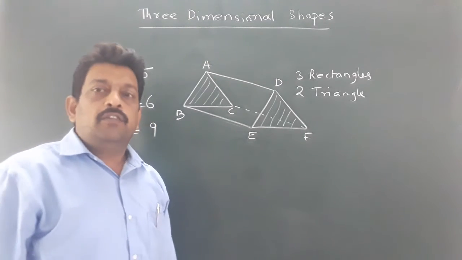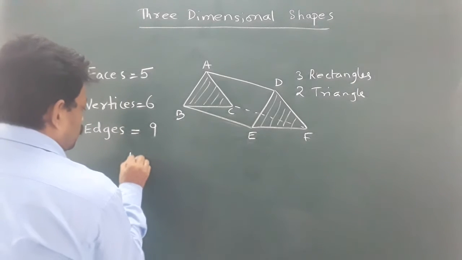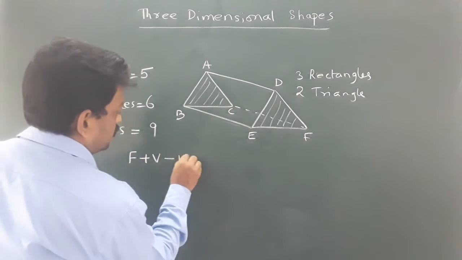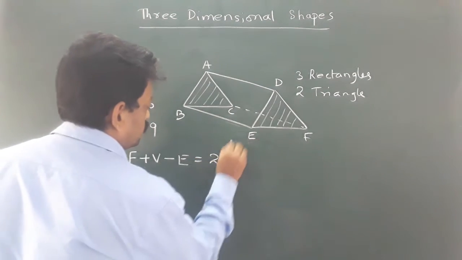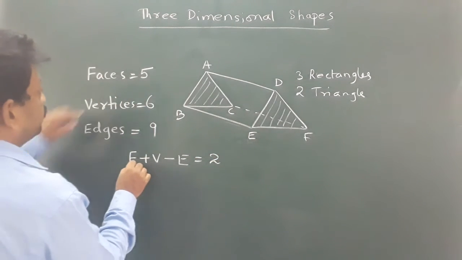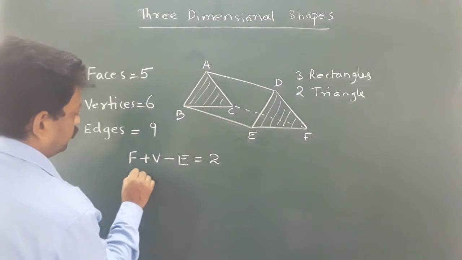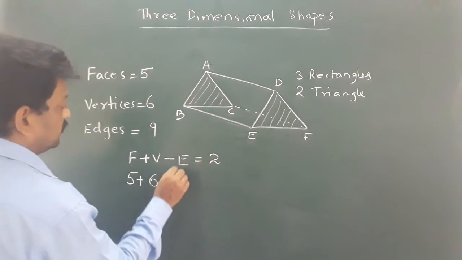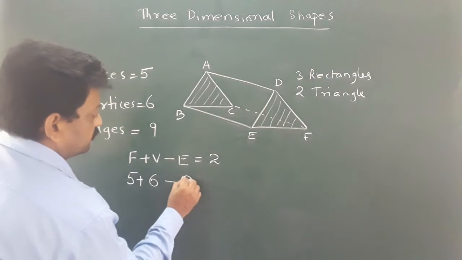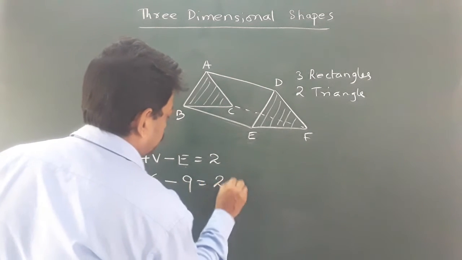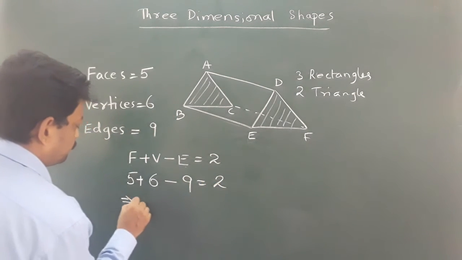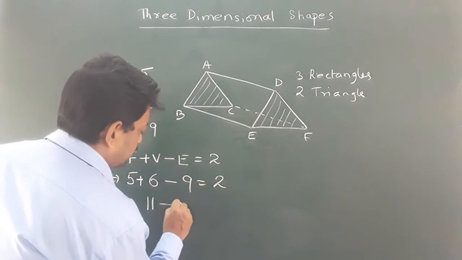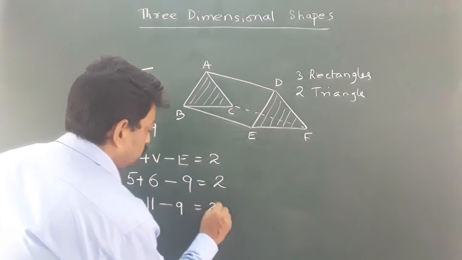Now let us verify Euler's formula. Euler's formula says that F plus V minus E is equal to 2. So F means faces 5, V means vertices 6, E means edges 9, equals to 2. So it is 5 plus 6 is 11, 11 minus 9 equals 2.